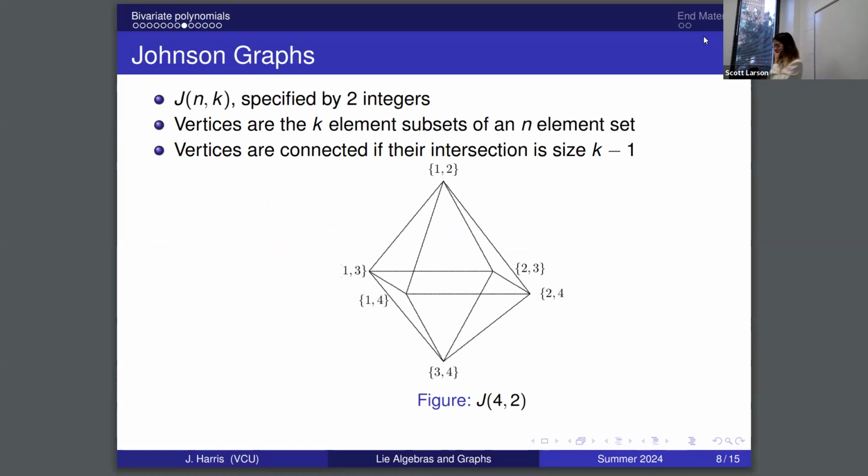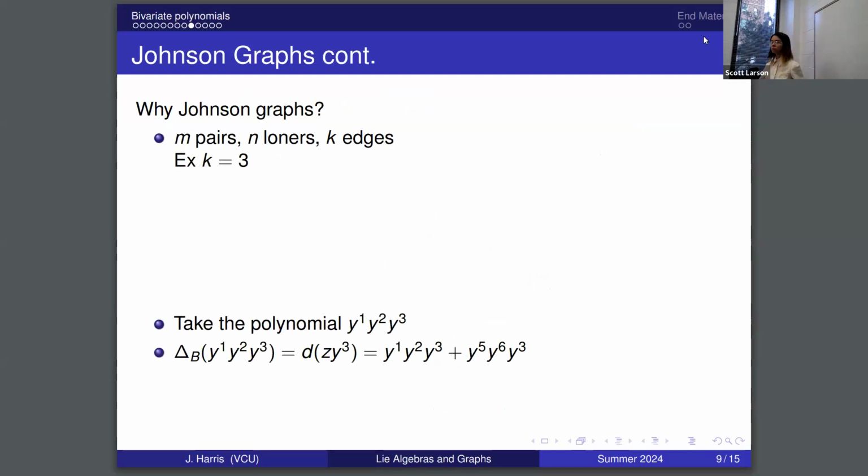So here, you can pick from 1 through 4, so n is 4, but each vertex is a subset of size 2. And the vertices are connected if their intersection is size k minus 1. So in this graph, at the top, 1, 2 and 1, 3 are connected, their intersection is size 1, so they're connected. But that still doesn't answer the question.